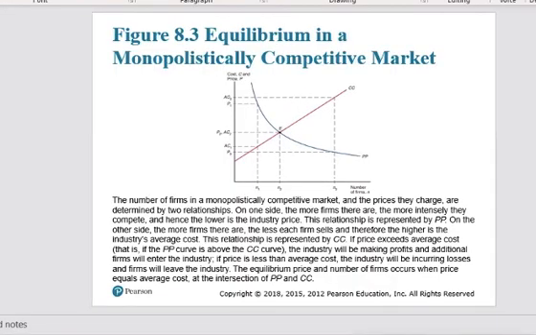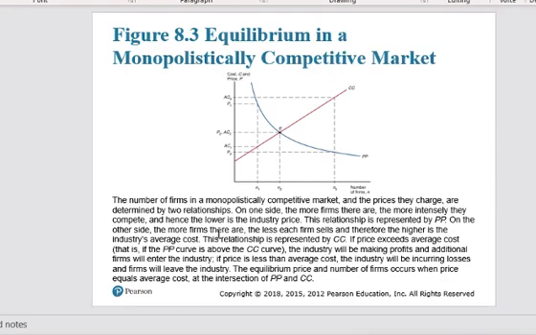Okay, I guess that's good. Yeah, so this is the cost and price. Basically, it's a dollar number. And on the x-axis is the number of firms operating in the market.